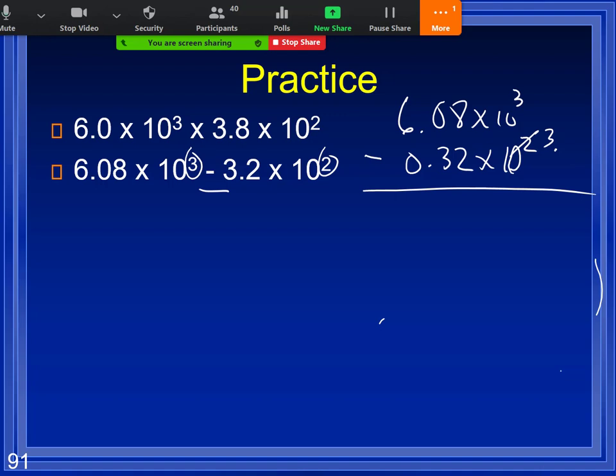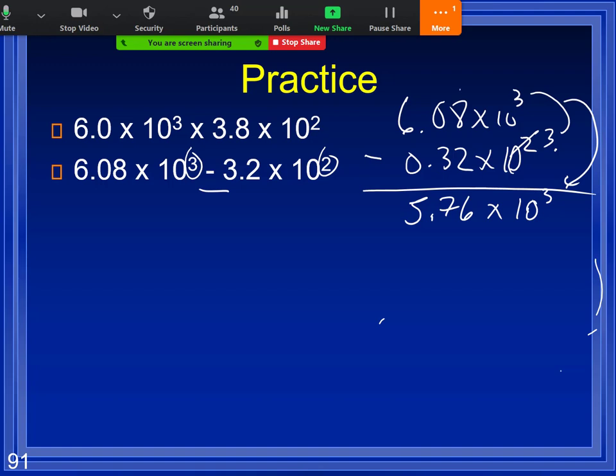So if I take 6.08 minus 0.32, I get 5.76 times 10, and I keep the exponent. It's just telling me what I'm adding, so they're at the same. Those decimal places are the same. I'm subtracting, so those decimal places are the same. So I keep that exponent when I'm adding and subtracting.